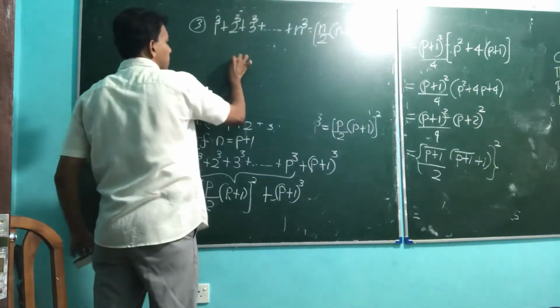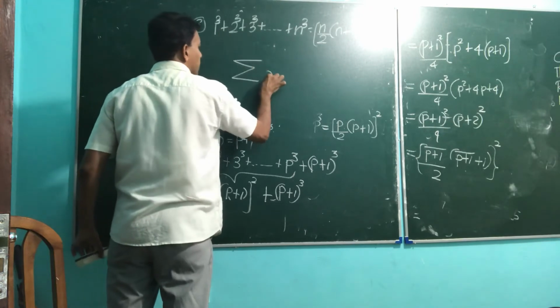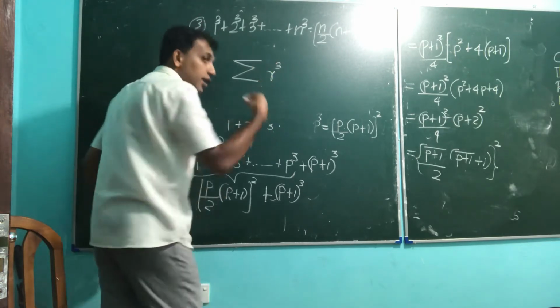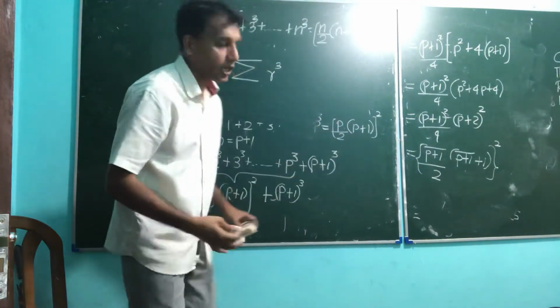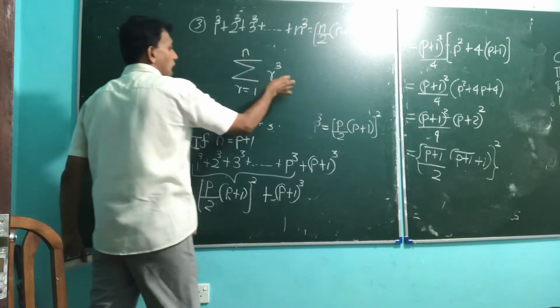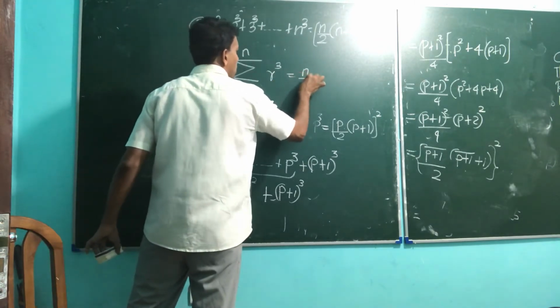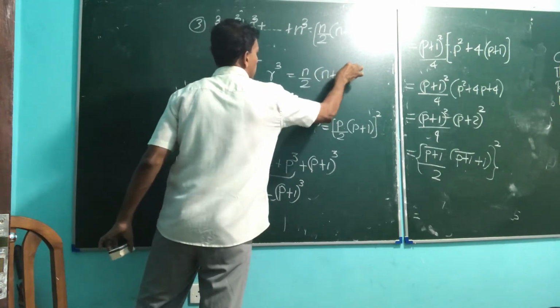Only in the first problem I mentioned an extra part to show sigma notation. How is it written when given in sigma? What is the general term? R cubed. Okay, R cubed: 1 cubed, 2 cubed, 3 cubed, 4 cubed. Now generally R cubed, R equal 1 to n. The answer is n by 2, (n plus 1) squared.